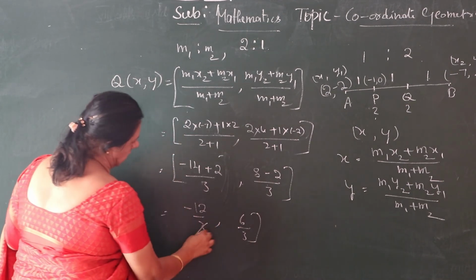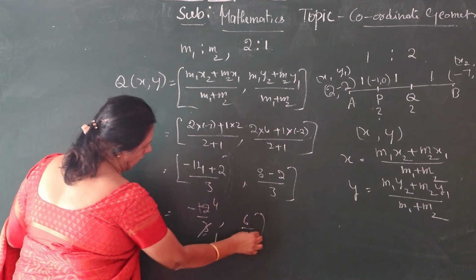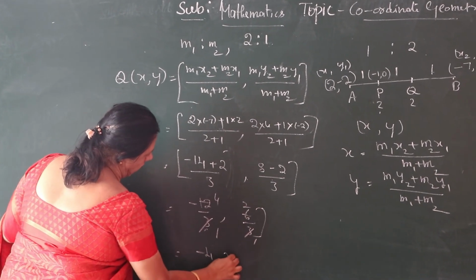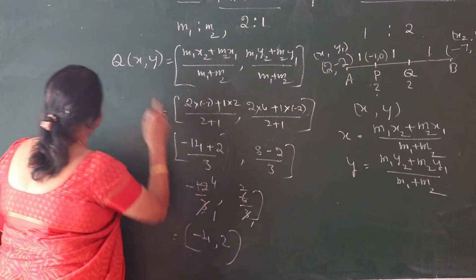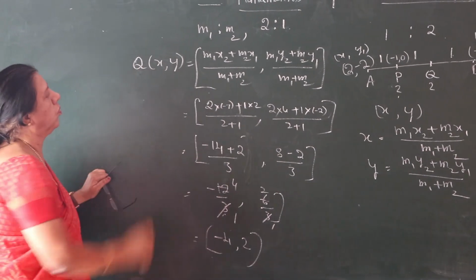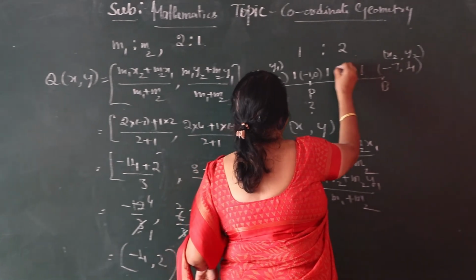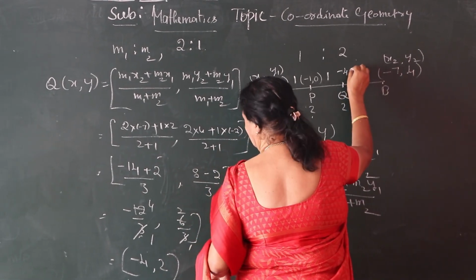Further simplification: 3 fours are 12, 3 twos are 6. The values are -4 and 2. So the Q coordinates are -4 and 2.